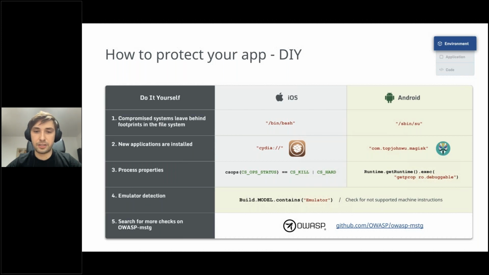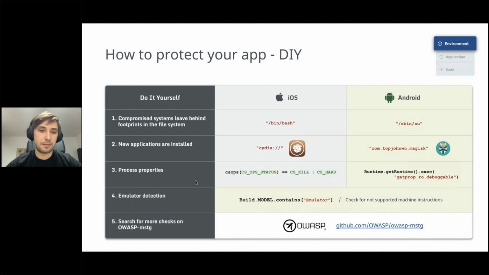On iOS, you can look up Cydia: check if the Cydia URL is registered inside the system. If it is, then Cydia is installed, so the system must be jailbroken. On Android, you can use the package manager to list all of the packages in your system. If you find Magisk, you know that the system is rooted.